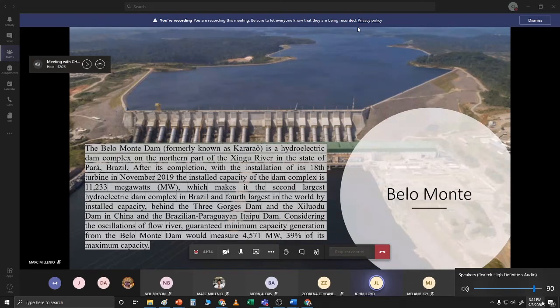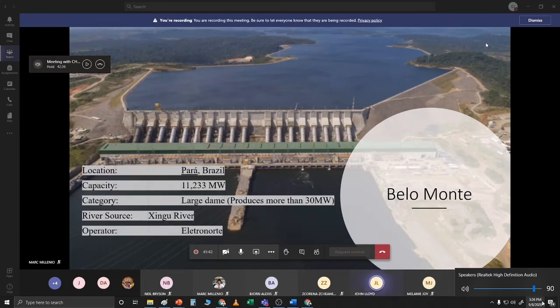Next. So it is considered as a large dam which produces more than 30 megawatts of power, and it is operated by Electronorte. Okay.